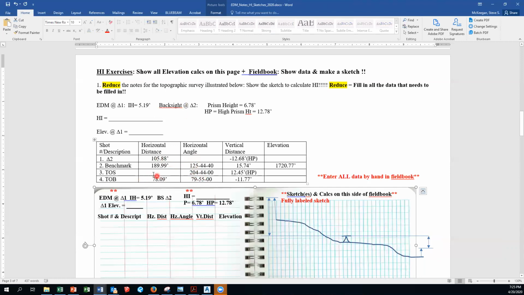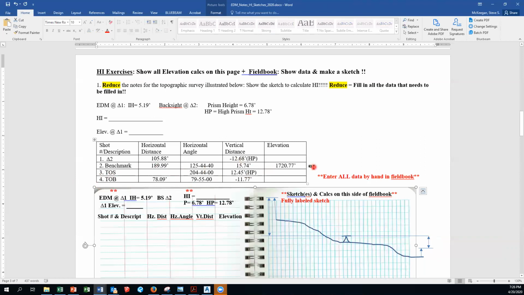You got all these angles and distances, but there's no horizontal distance for this toe of slope. So what would it be? It's a trick question. It's a mistake. It's what we call a blunder. The data wasn't taken for some reason, just forgot. I've done it before. Trust me, you'll do it. And so basically that shot is worthless if this was actually part of our topo.